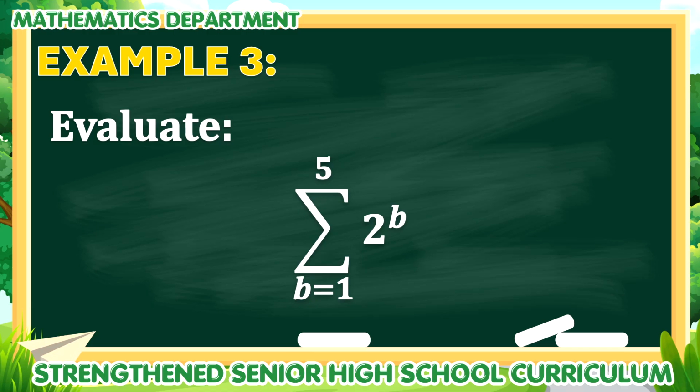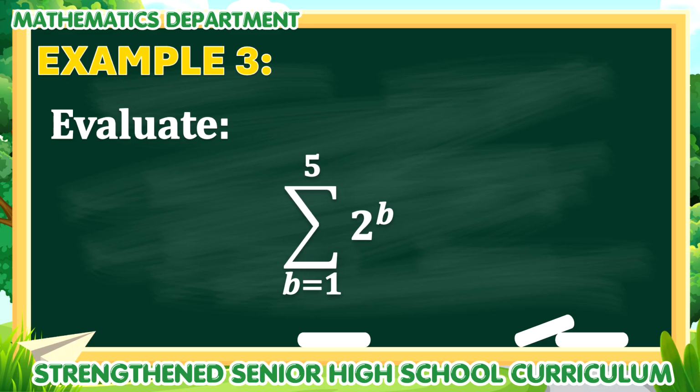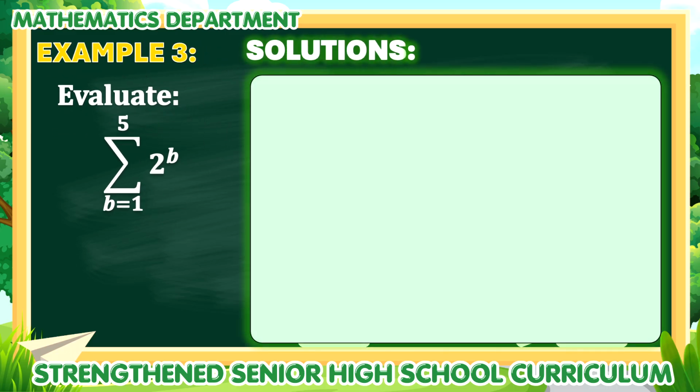Now for our last example, evaluate summation of 2 raised to b, where b ranges from 1 to 5. So based on our given example here, our explicit formula is 2 raised to b, and this is where we are going to substitute the values of b.